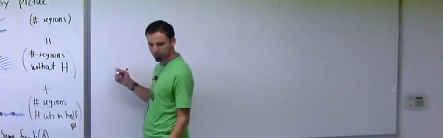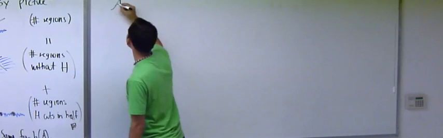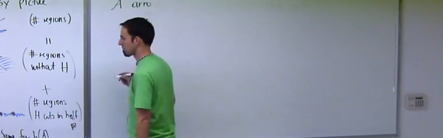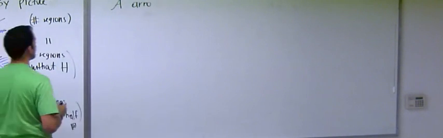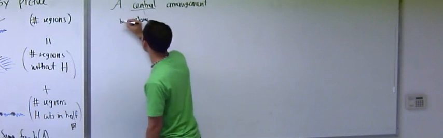So maybe we should go back to, let's say that you have a central arrangement. And remember that central means that all the hyperplanes go through the origin.